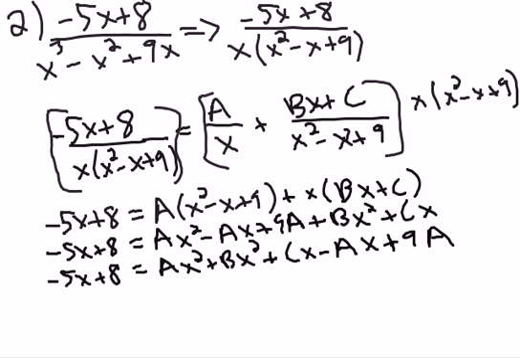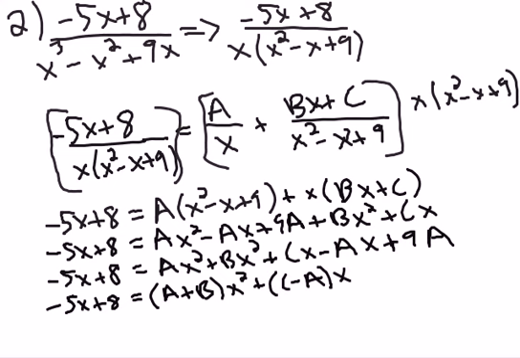So I'm going to go ahead and, before I compare the coefficients on both sides, factor out anything that I can. So I have this. And now comes the part where I can compare the coefficients. So I'll do the same thing here.